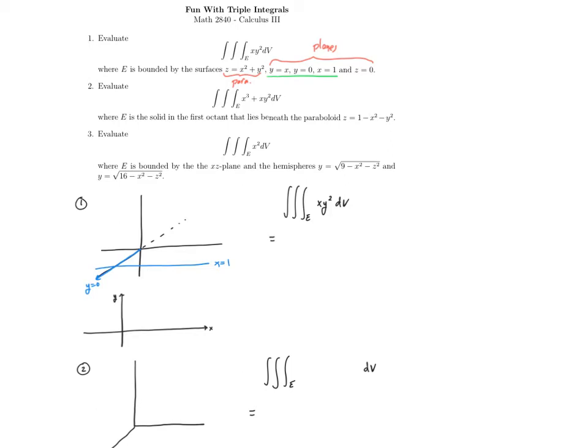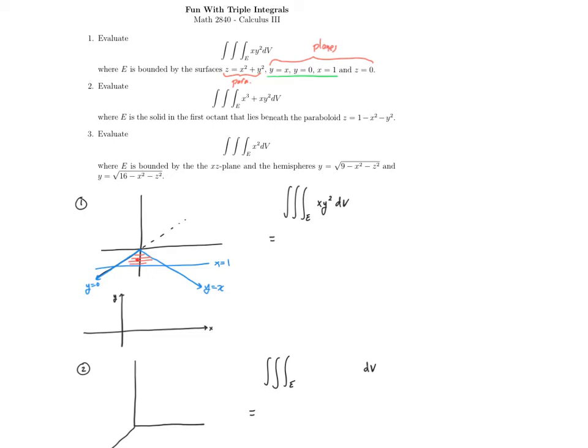And then y equals x, when we are in this z equals 0 trace, could be represented as a line. And note we very clearly can see a triangular region in the xy plane, which is bounded by those three planes.